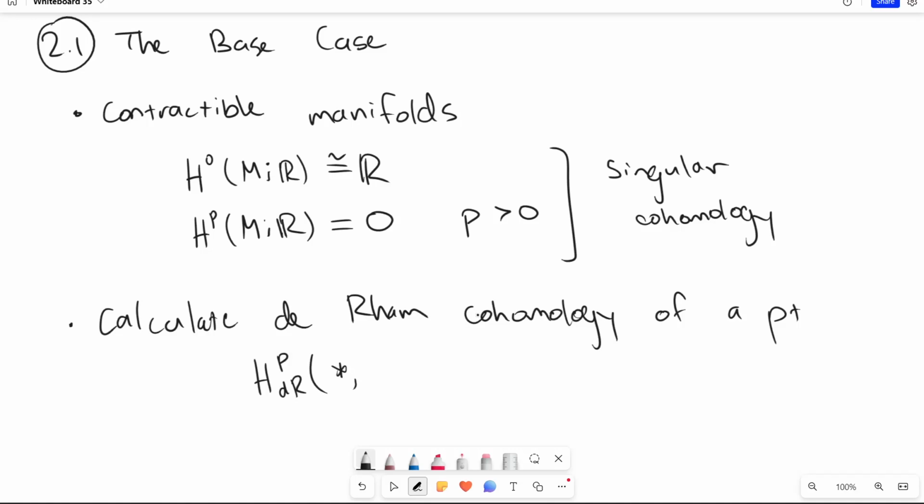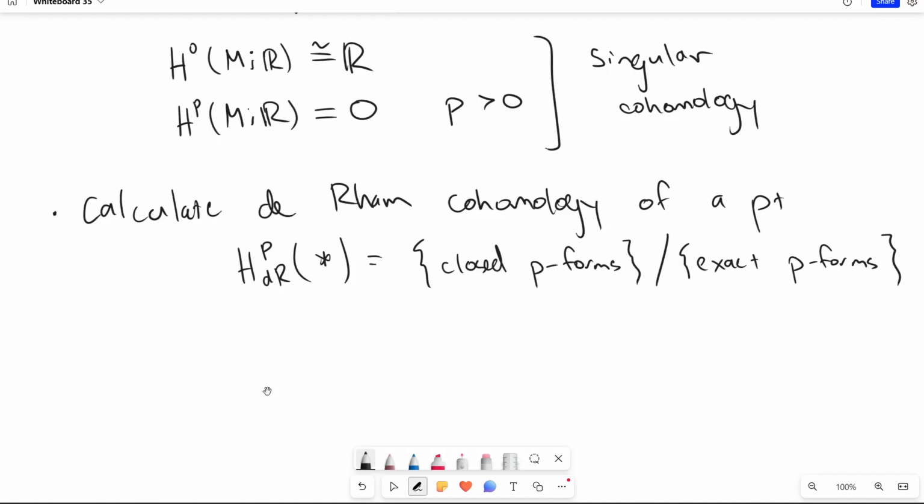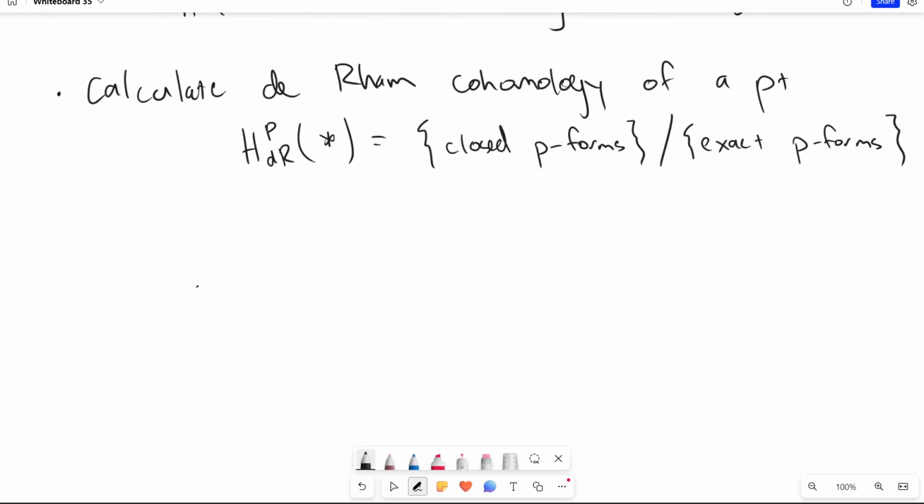I'm going to call it star. That's our manifold, favorite manifold. So what is this? This is going to be the set of closed p-forms mod the exact p-forms. So lucky for us, in the whole construction of de Rham cohomology, Ω^p becomes 0 once you go past n anyway.